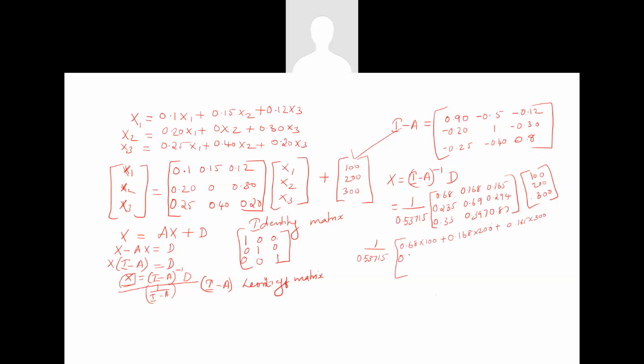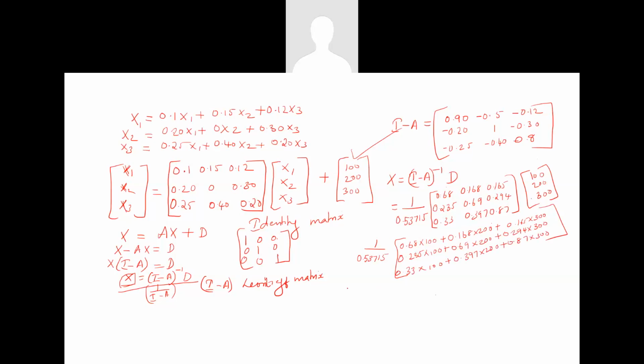Again, second row 0.235 into 100 plus 0.69 into 200 plus 0.294 into 300. Coming to the third row, you get 0.33 into 100 plus 0.397 into 200 plus 0.87 into 300.